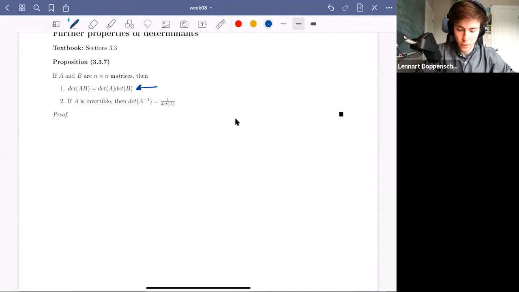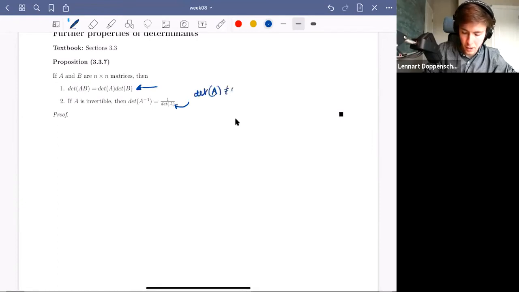So you can compute the determinants separately and then multiply them together. That's very nice. And it also says that if the matrix is invertible, then the inverse matrix A inverse has determinant 1 over the determinant of A. And the good thing here is that the determinant of A is non-zero if A is invertible, which we have to assume here in order for this expression to even make sense.